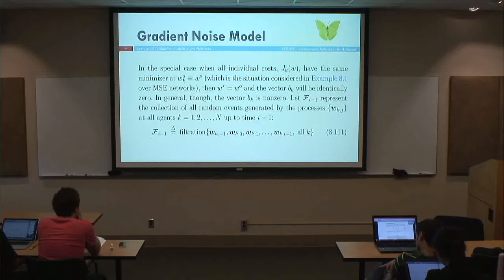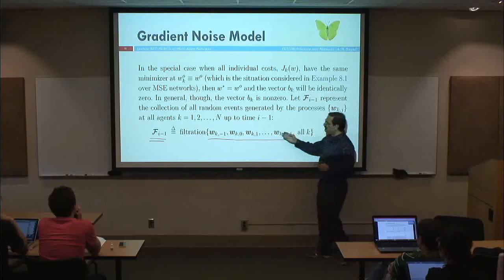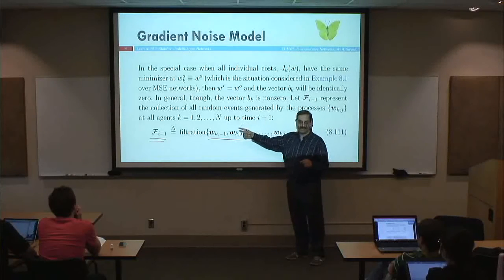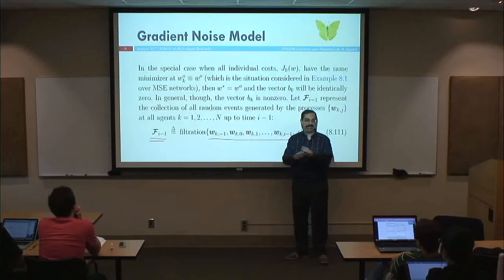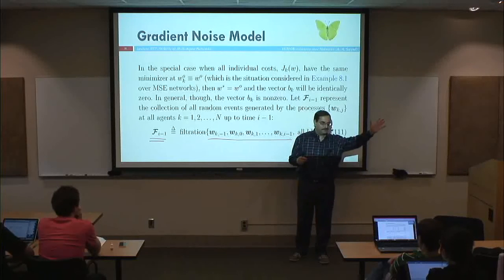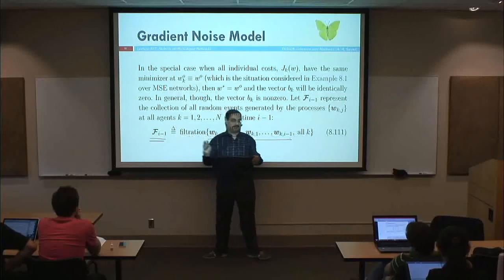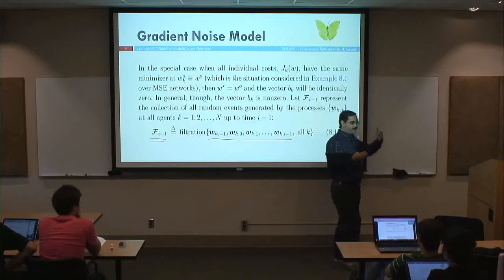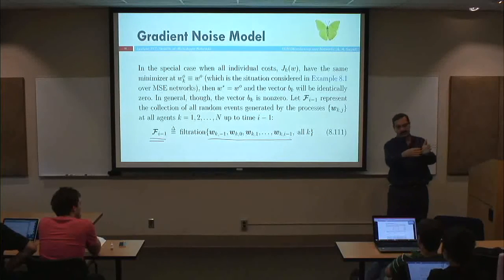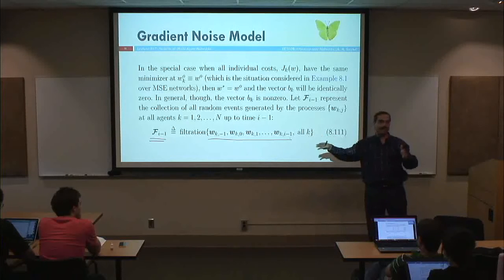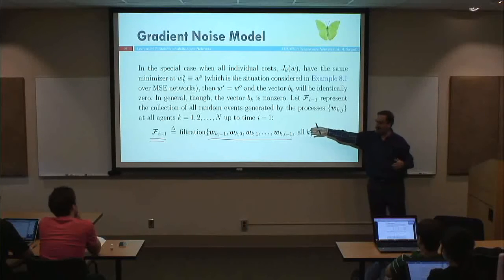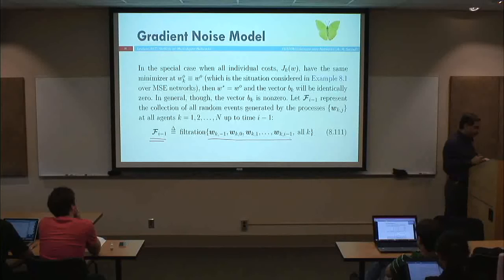So I use this notation to denote the filtration that's determined by all previous weight vectors. Okay? I'm going to condition my expectations on F, and by that I mean I'm conditioning on all the past. That's all. This will be a compact notation for me to say I'm computing the expected value of some variable conditioned on everything that happened up to time i minus 1. The technical term for it is filtration.